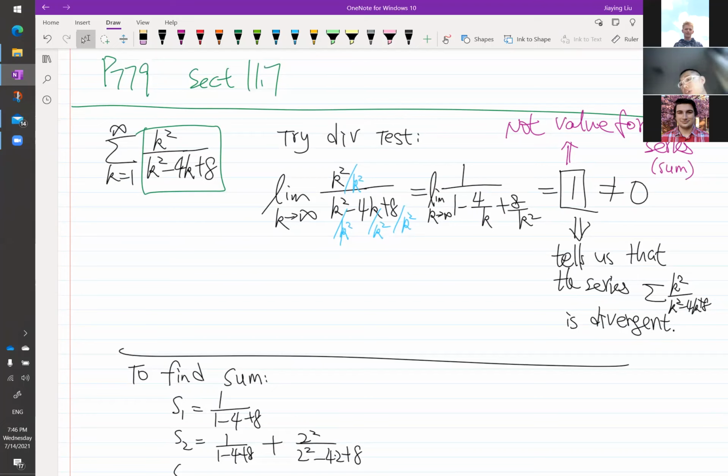When I say not zero, it could include infinity, right? If you take the limit and you end up getting infinity or negative infinity, in that case we could say the limit doesn't exist. It's also divergent. So if the limit at the end equals infinity or negative infinity, it's also divergent. It's just not zero.